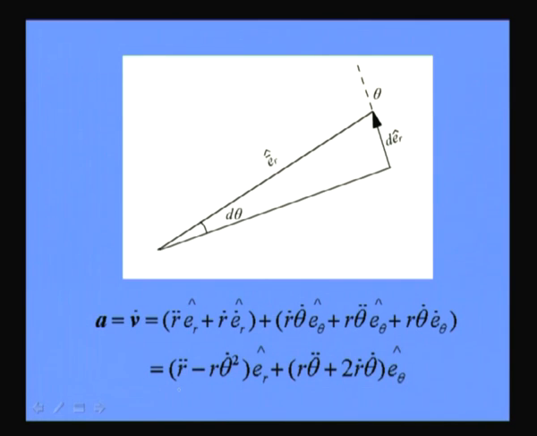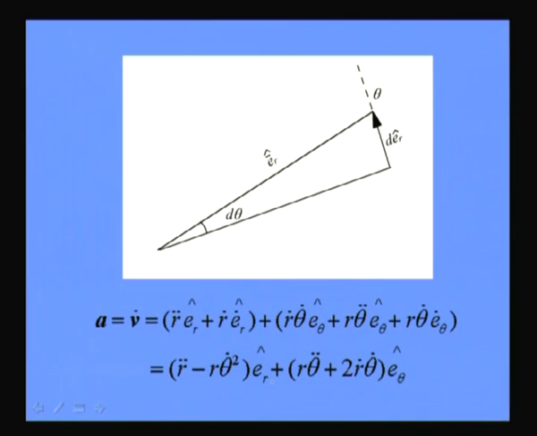Here we can see that if the particle is moving on a circular path where its radius remains constant, then r double dot will be 0. Even then there will be a component of acceleration along the radial direction, equal to minus r theta dot square.